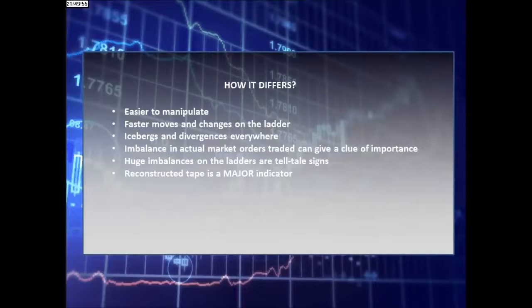Again, if price is slowly crawling up, and there is a mix of orders and nothing really big, that's a sign of warning. Probably you don't want to trade this market.